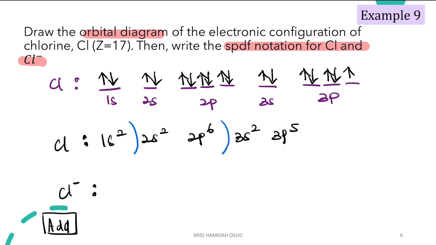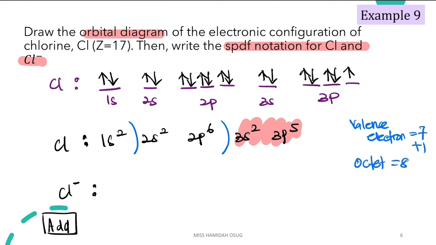So we draw the border between the shell, so we can see there the valence electron shell is 3s2, 3p5, therefore the valence electron is in total of 7. Okay, for atom to be octet, they need to have 8 electron. So we must plus 1 lah to the lowest energy orbital yang available. So the electronic configuration for chlorine ion is 1s2, 2s2, 2p6, 3s2, 3p6.